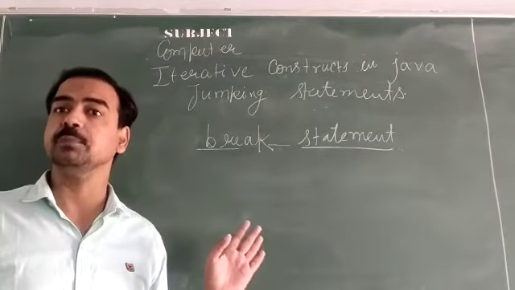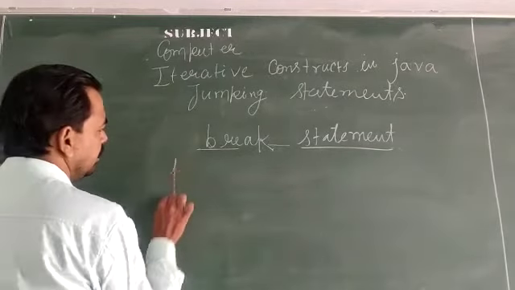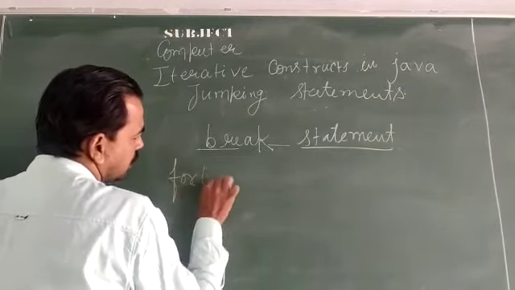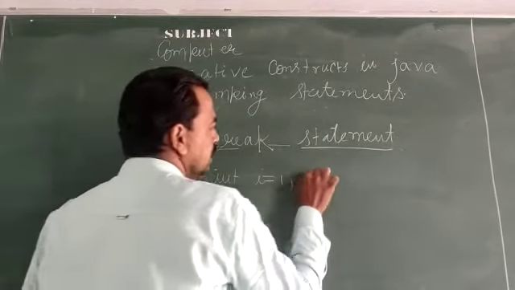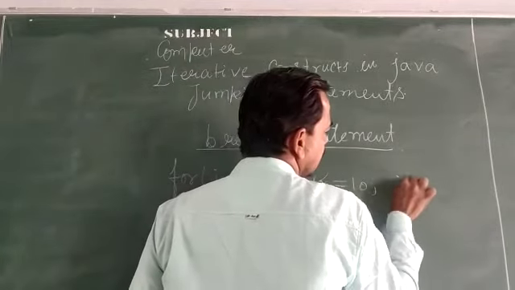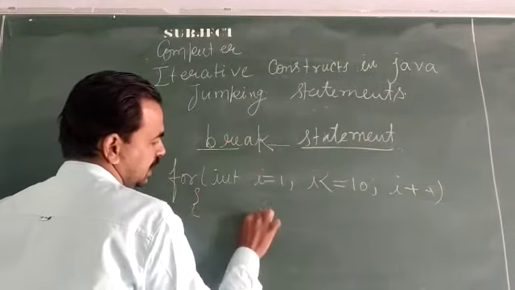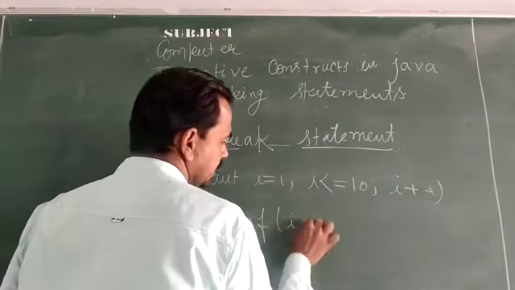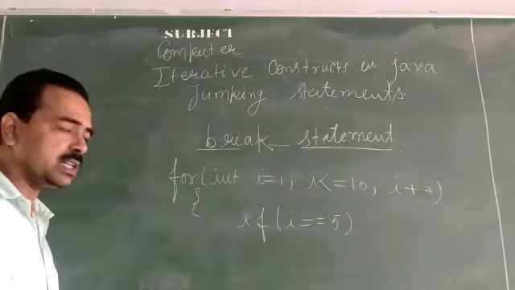Now see the example and the effect of the break statement. What will happen when break occurs in a loop? Suppose we have applied a loop: for int i = 1; i <= 10; i++. If i == 5, okay, there is a condition.